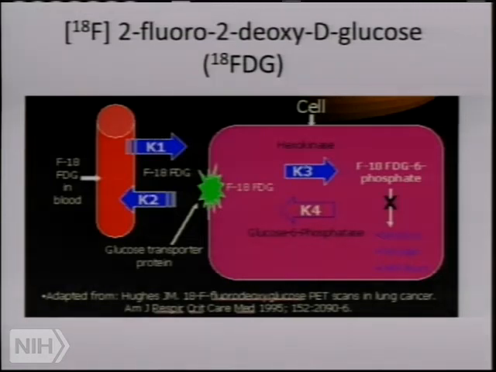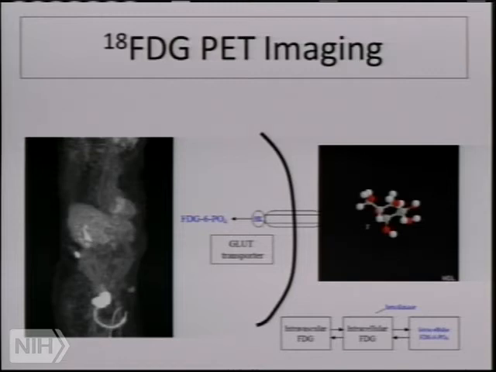It's actually phosphorylated, but because of the F18 on the molecule, which the enzyme is not expecting, it's not taken further into metabolism. So what it does is accumulate as FDG6-phosphate in the cell, and it just builds up in the cell, creating enough radioactivity inside the cell to be detectable on a scan.